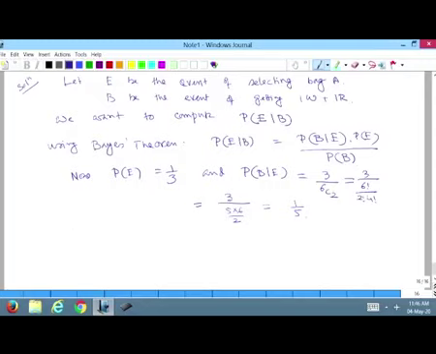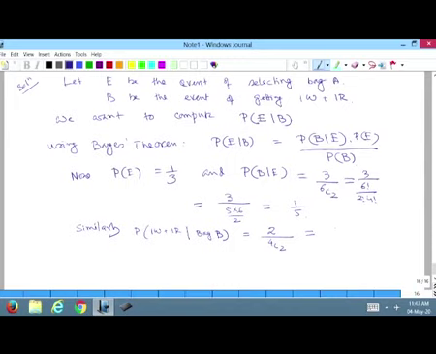Similarly, probability of one white and one red ball given bag B is chosen is equal to, now bag B has 4 balls, out of which we can choose one white and one red in 2 different ways, and 2 balls can be chosen in 4C2.